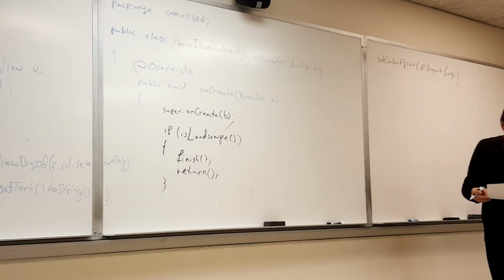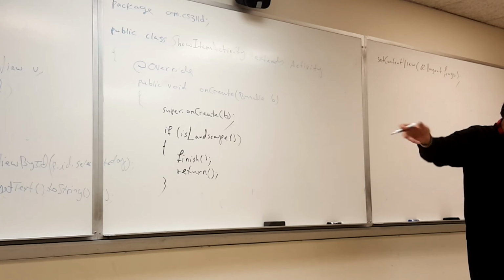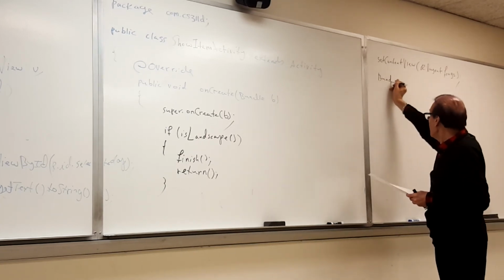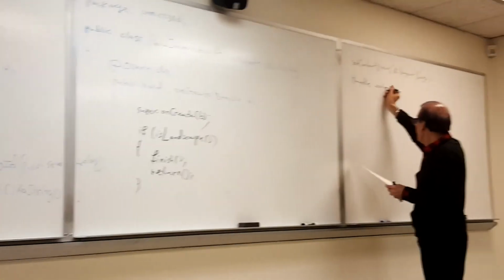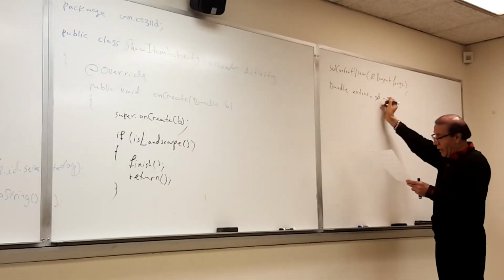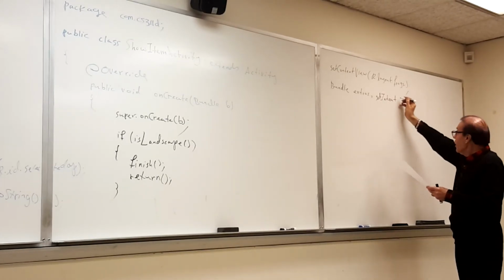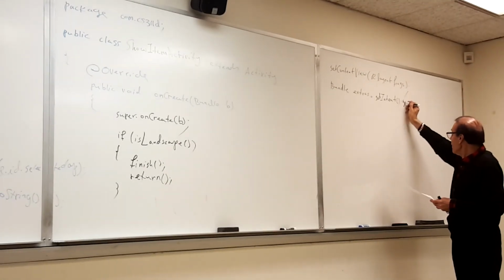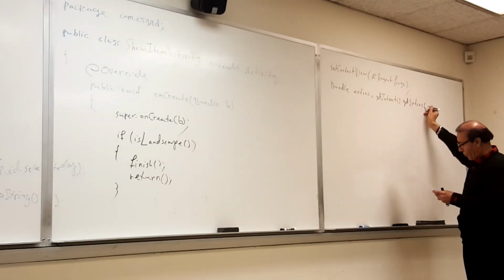And now what I need to do is get the data that is sent to me, the name of the fruit, by using a bundle. Bundle extras equals getIntent, and getIntent has a method getExtras.